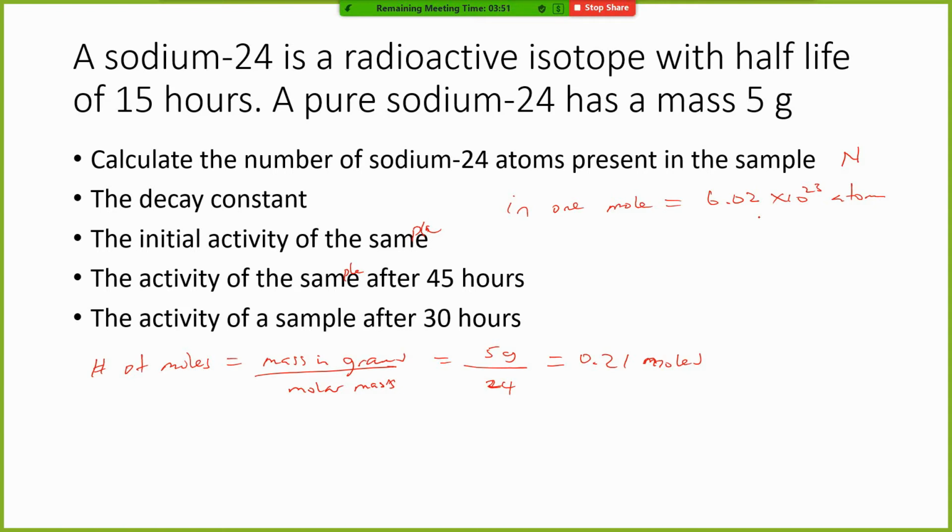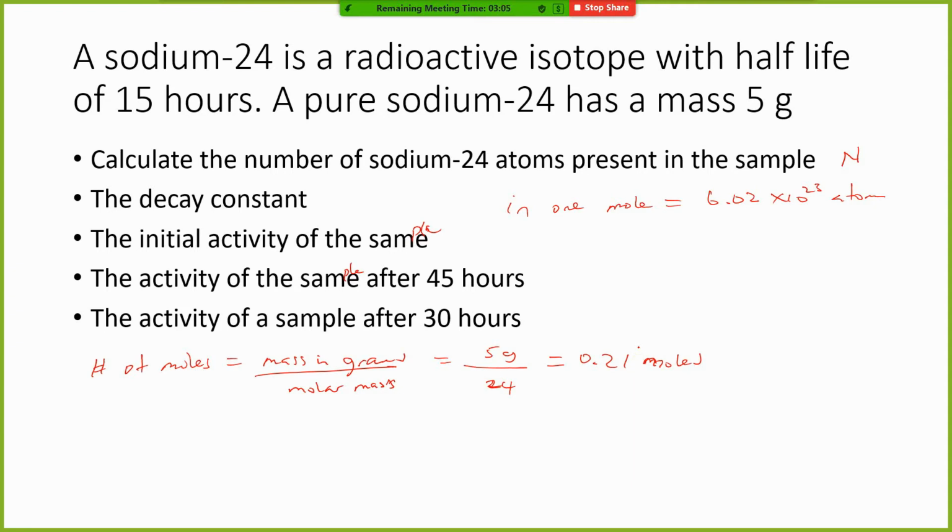Okay, yeah. So now, if we know that in 1 mole there's this amount of sodium atoms, then in order for us to find the number of nuclei, I have to multiply Avogadro's constant by the number of moles to find out the number of atoms present in that particular amount of sodium.